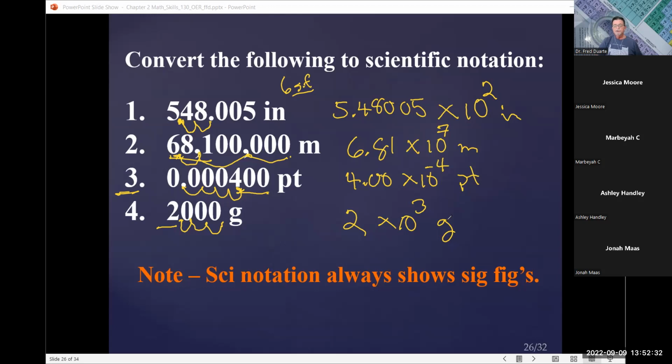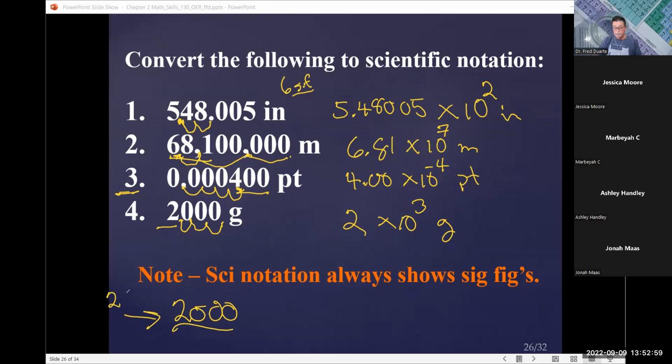Okay, now here's an example of how you can use scientific notation to write the number in correct sig figs. So, for example, let's say you did some calculation and you ended up with the number 2000. Okay, but whatever you did to get that number had 2 sig figs.